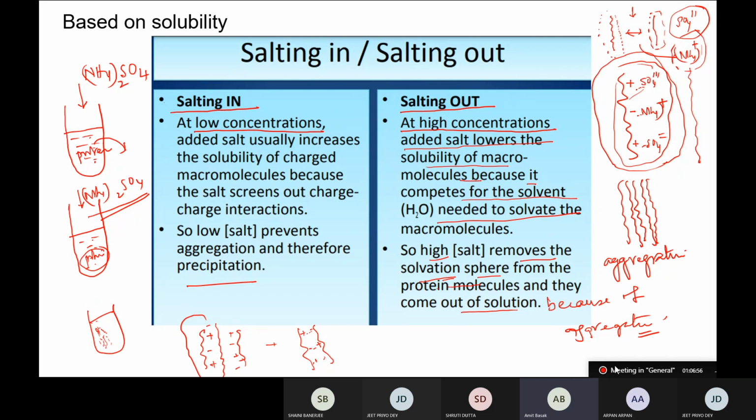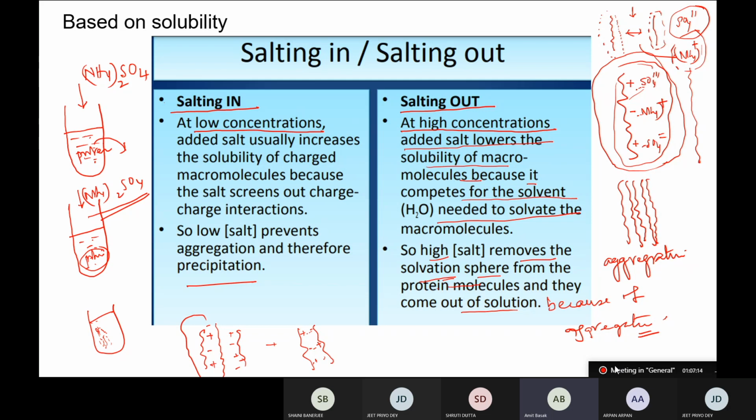Okay. Now how can you utilize this for separation of proteins? Because different proteins have different extents of hydration. So different proteins will precipitate out at different concentrations of ammonium sulfate.